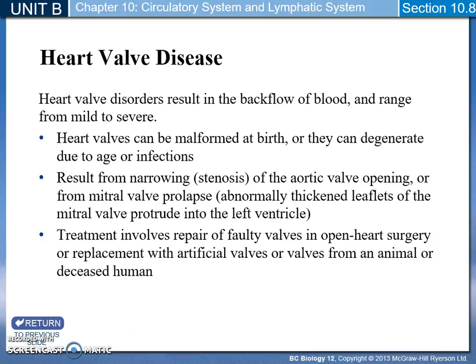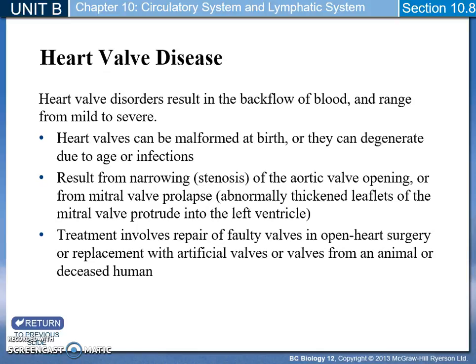So heart valve disease, these are disorders that result in the backflow of blood, and these can range from mild to severe. Heart valves can be malformed at birth, or they can degenerate due to age, or infections can sometimes damage the heart valves as well.